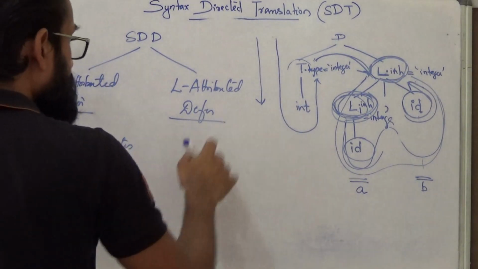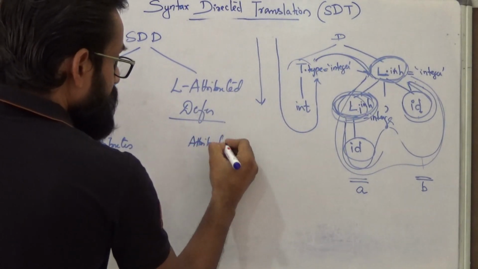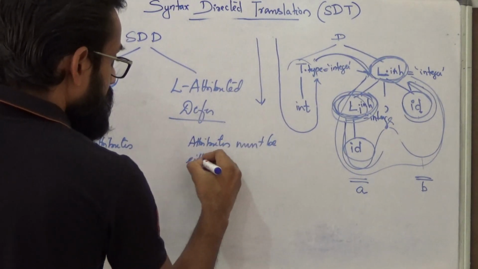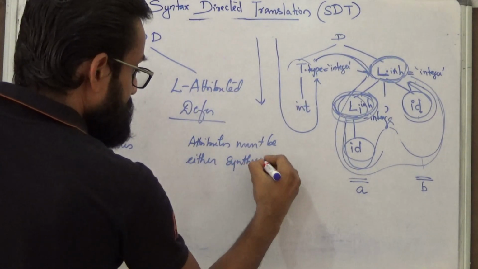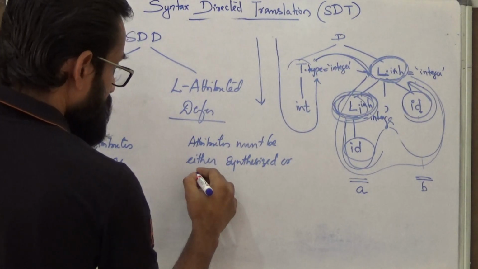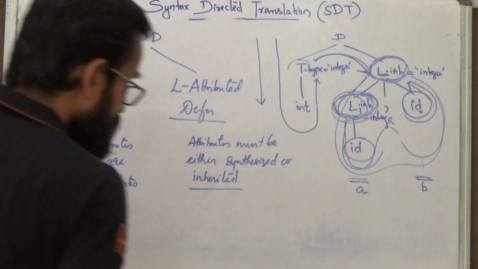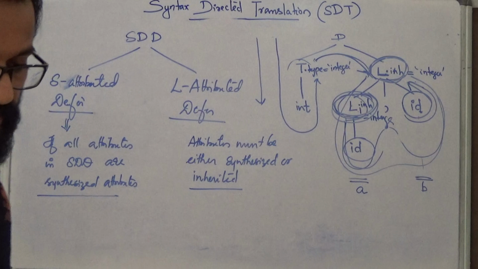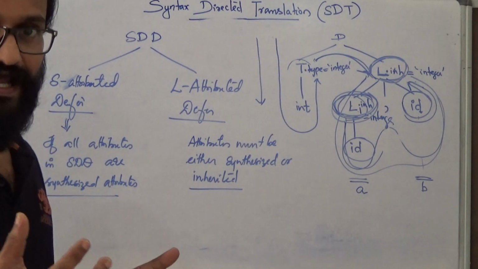But if you consider an L-attributed definition, attributes must be either synthesized or inherited. So here, in an L-attributed definition, you can have a combination of synthesized and inherited attributes.